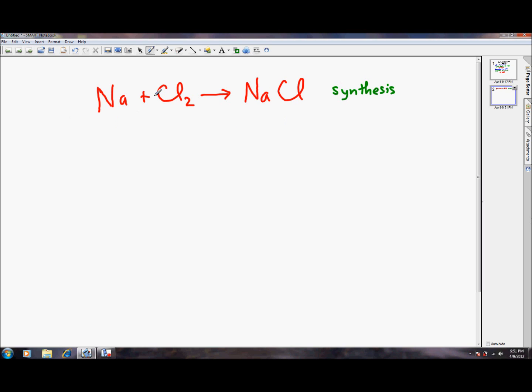Sodium, the metal, and chlorine gas come together to form the compound sodium chloride. Now, this is an unbalanced equation. You will see a lot of unbalanced equations.